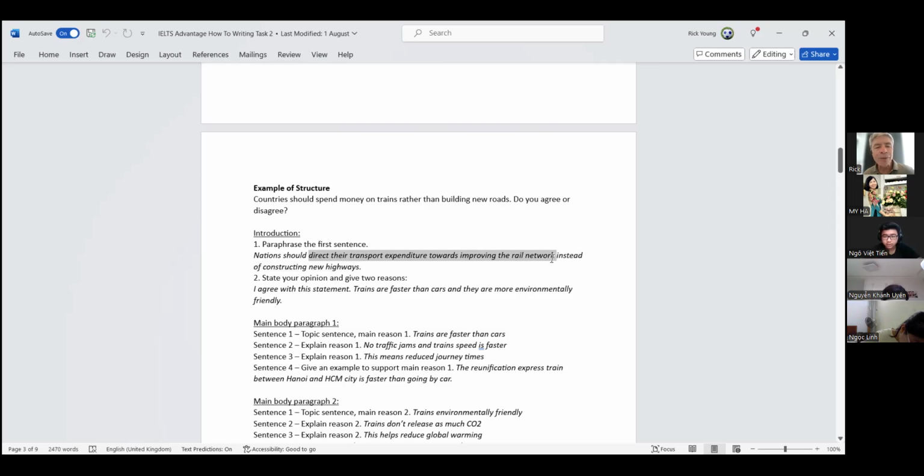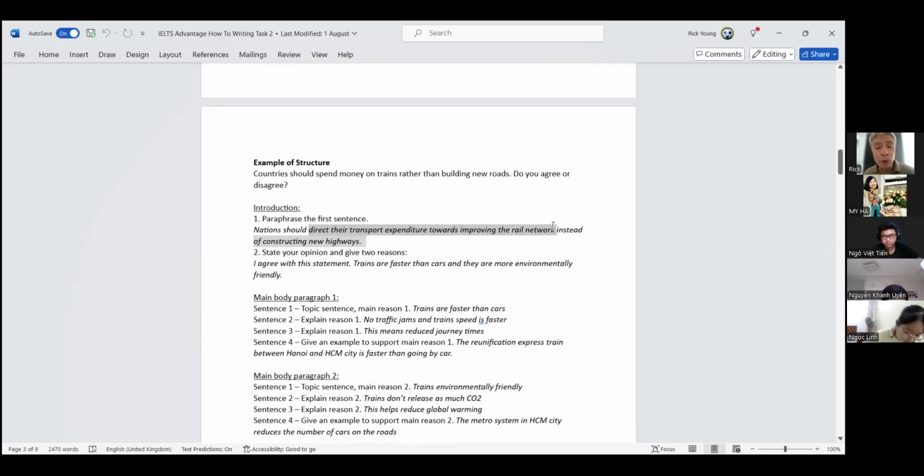Good. Remember, transport expenditure just means money spent on transport. Expenditure just means spending. It's a formal word. And instead of saying trains, what have I called trains in this paraphrase?